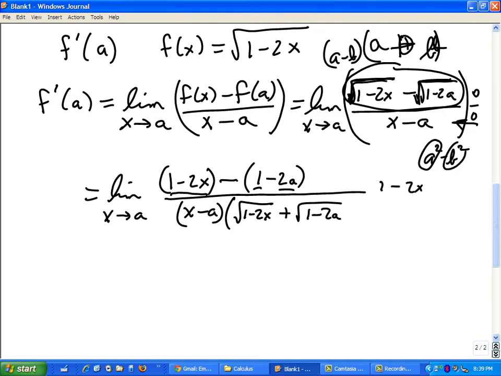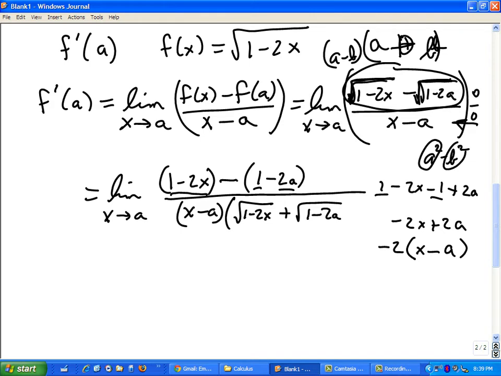So I've got the 1 and the minus 1 going away, and I'm left with minus 2x plus 2a. Now the neat thing about that is that I can factor out a minus 2 from here, and look what's left. X, now I've got to put a minus here, and the 2 is gone, and I've got a left. So really what's happening is that this x minus a is going to cancel that x minus a when all the dust clears.